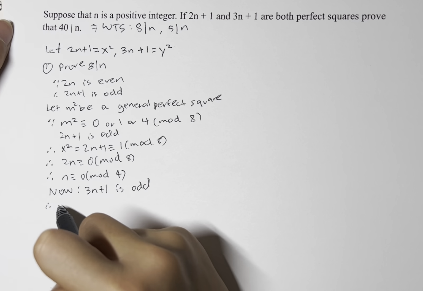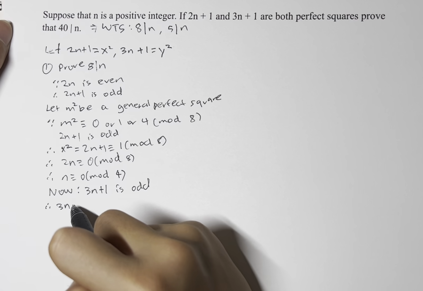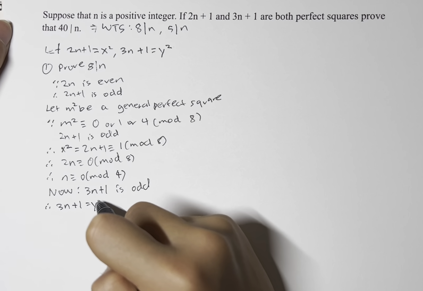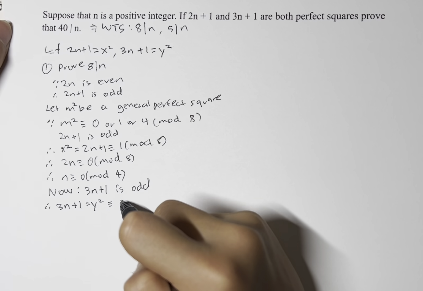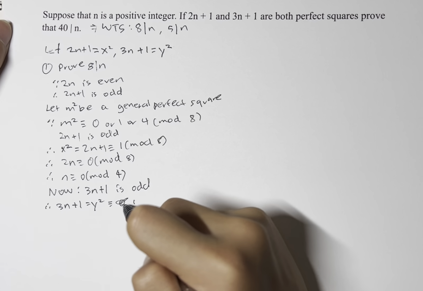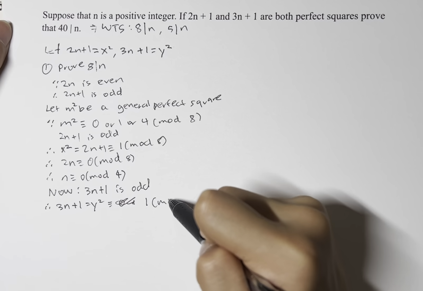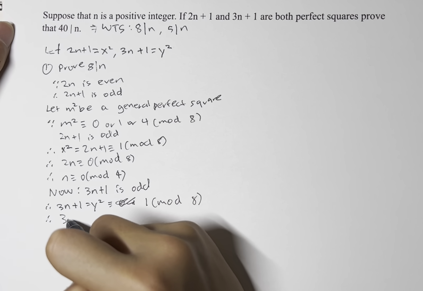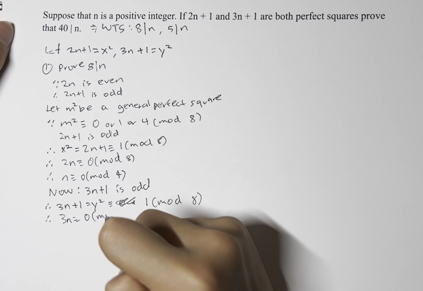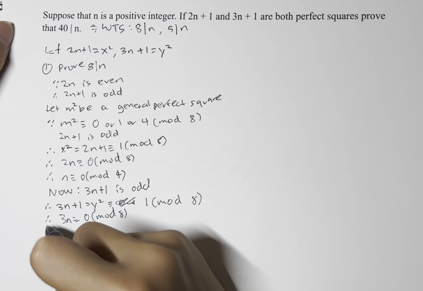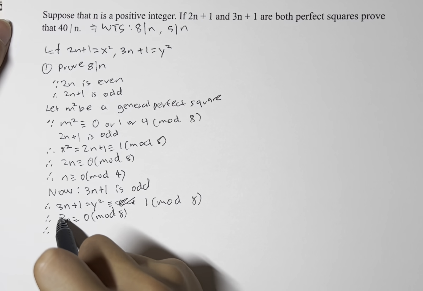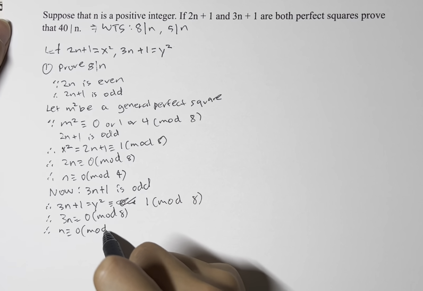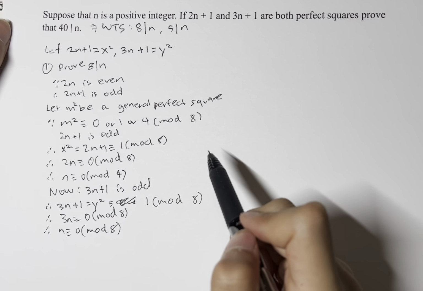So 3n plus 1 equals y squared, which is congruent to 1 mod 8. So 3n is congruent to 0 mod 8, so n is going to be congruent to 0 mod 8. And now we have the first part done.